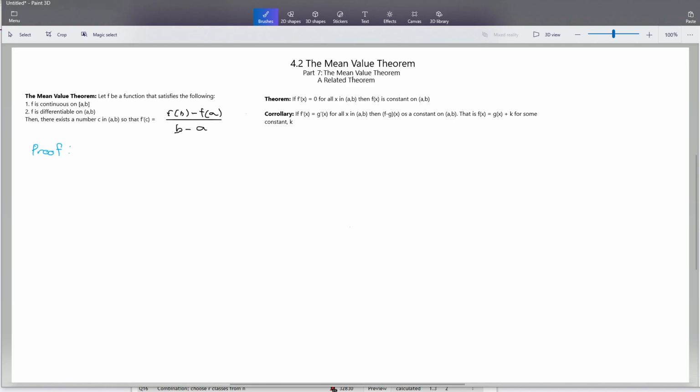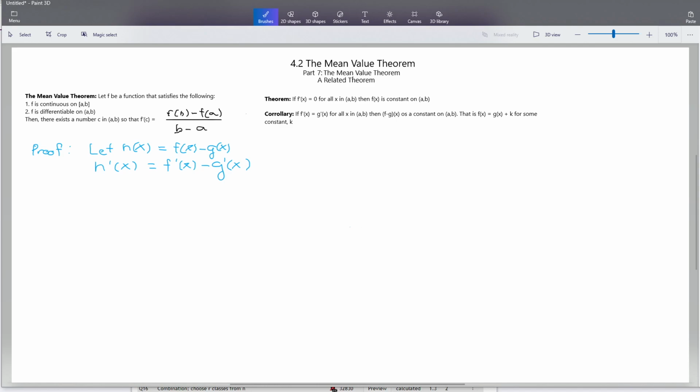So we're going to go ahead and define a new function h. Okay, and we're going to define it to be f minus g, so f of x minus g of x. Then we know what h prime of x is. It's f prime of x minus g prime of x.